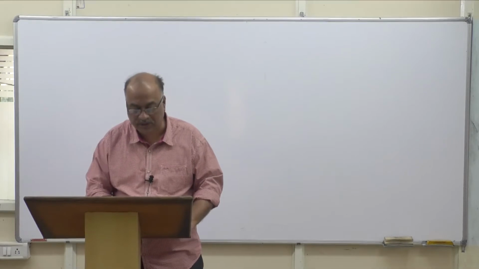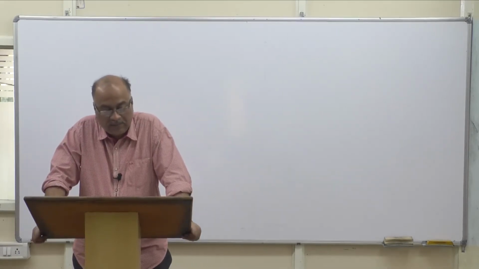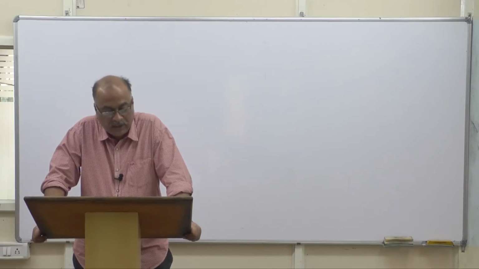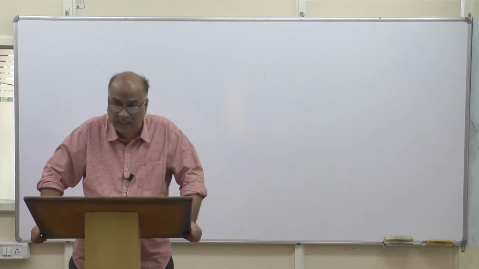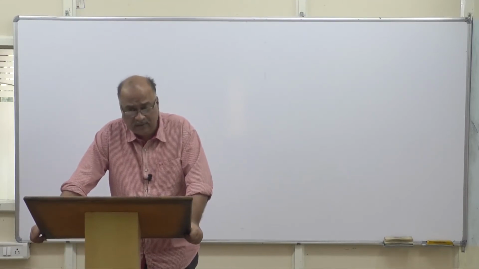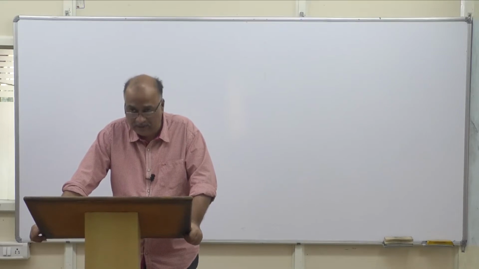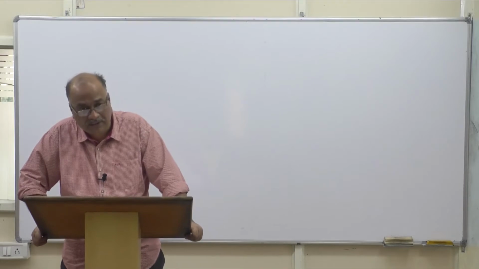The 24th question. Which of the following does not fall under the definition of state under Article 12 of the Constitution? Because Articles 12 to 35 deal with fundamental rights, wherein Article 12 defines the state and what all are included as part of the state.